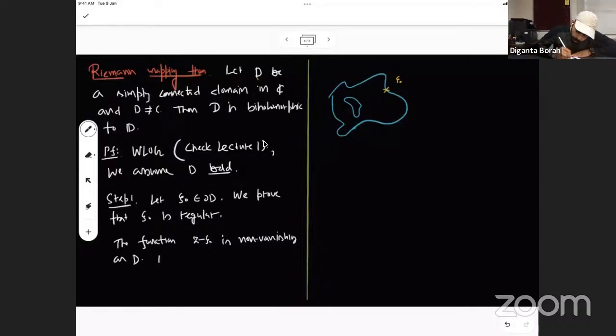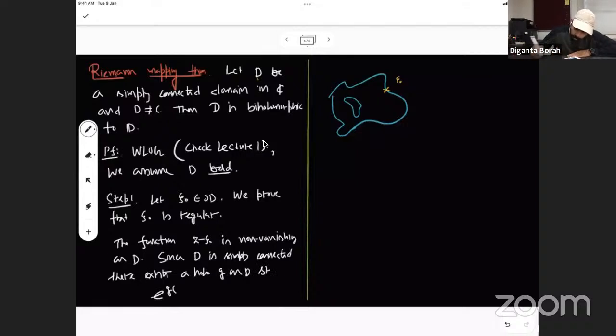So there exists, since D is simply connected, a holomorphic function g on D such that e to the power g(z) is equal to z minus zeta naught. So you can clearly see that this function is 1-1, right?